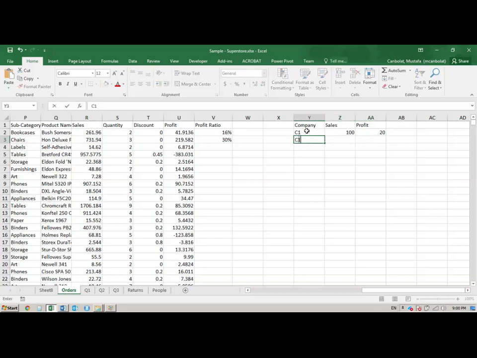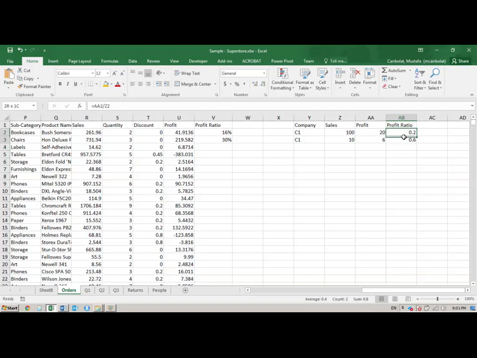And then there's company 1 again. The second transaction, my sales happen to be 10, and my profit is, let's say, 6. Now, if I look at the profit ratios, for the first transaction it is 20 out of 100, and the second transaction it's 6 out of 10.